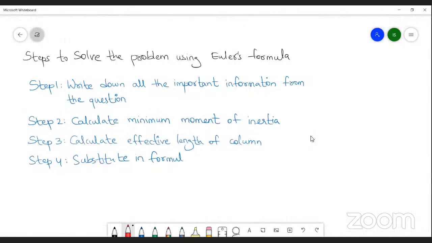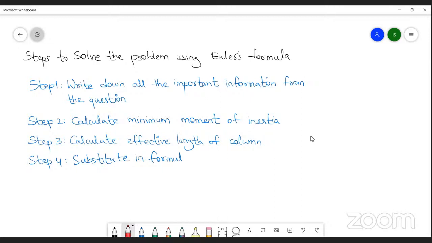In the first step, you need to write down all the important information from the question. This is because when it comes to solving the problem, you will be under a lot of stress. And then when you try to find one particular piece of important information, you will have to go through the entire question to point that out.